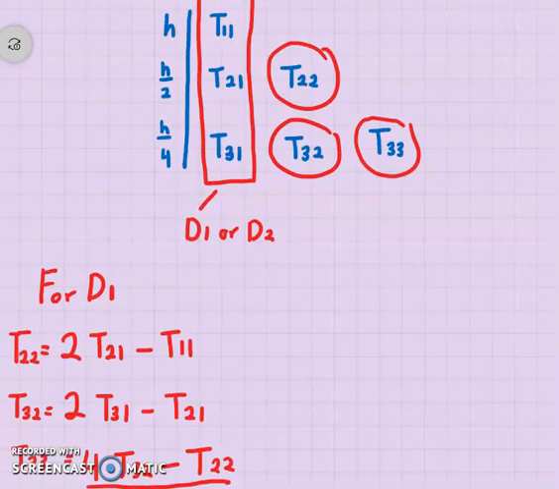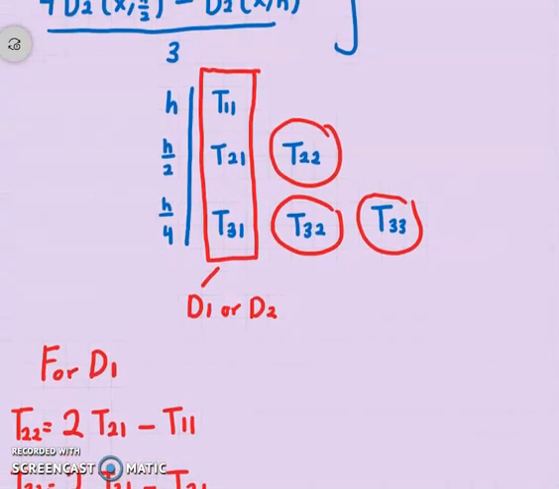Okay, let me just explain here. This is D1, this is order 1. My T33 will be order 2. The order with extrapolation for D1 will increase 1 at a time.